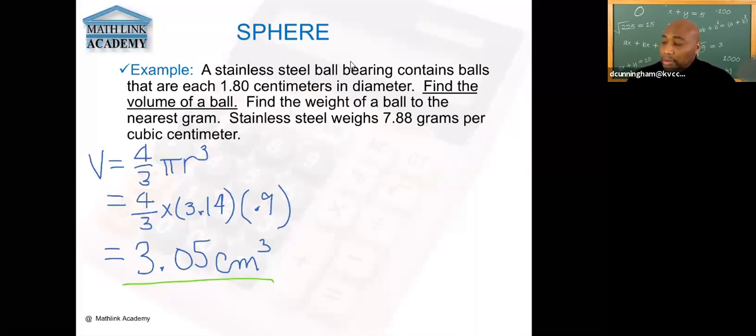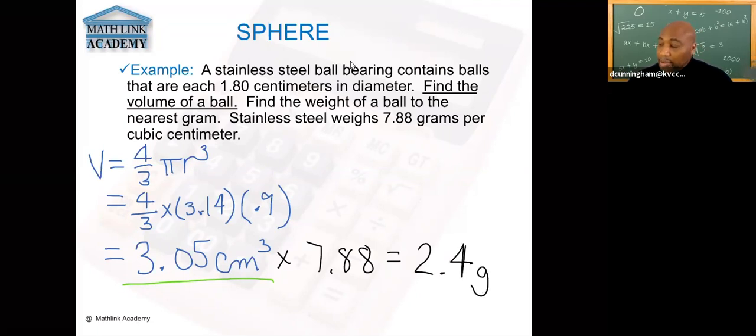We're going to need to multiply that number that's underlined in green times 7.88, since that's how many grams per cubic centimeter. And since everything's in the same units, cubic centimeters, once I do the math this is going to give me 2.4, and the final answer will be just in grams. I'll write down 2.4 grams. That will be the weight of the stainless ball.